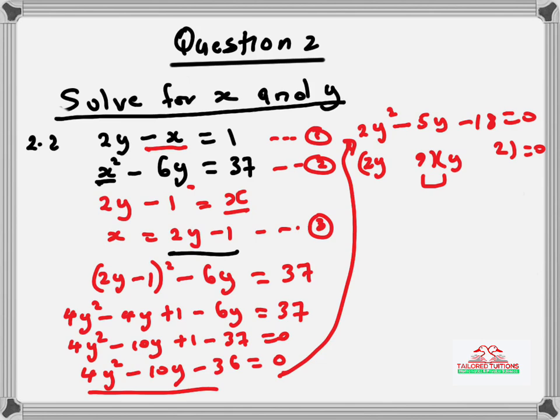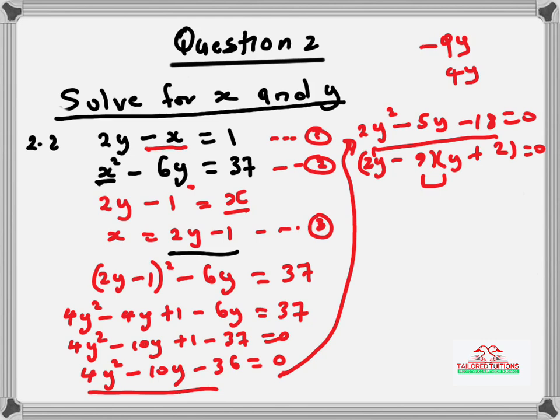This is going to be 9y. This is going to be 4y. Remember, we said we want to subtract this and get minus 5. So 9y must be what? Must be negative. So minus must go this side and positive this side.